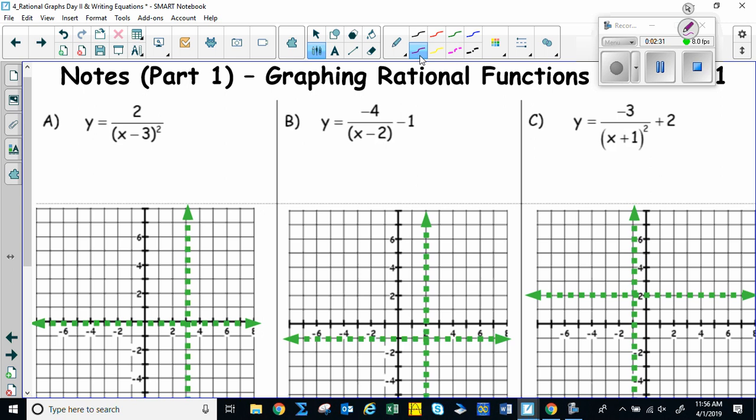I'm going to plug a 4 into this equation and see what happens. So I'm going to have 2 over 4 minus 3 squared. So what's 4 minus 3? What's 1 squared? 1. So 2 over 1 equals 2. So if my x value is 4, my y value is 2.